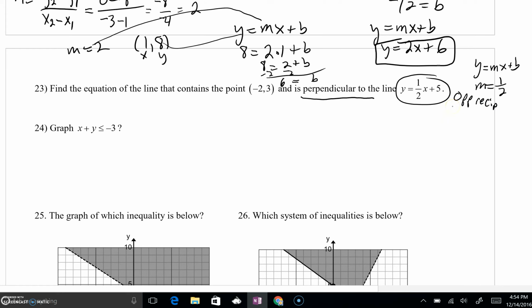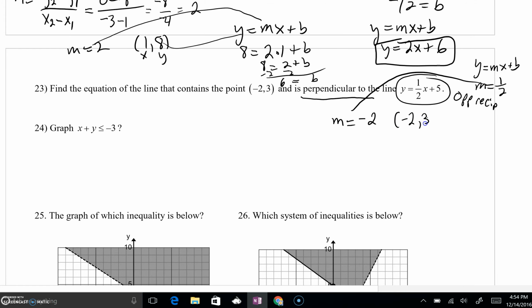So you have two lines at play when you are talking about perpendicular lines. The slope that you're actually looking for is the opposite reciprocal of 1/2. You have to change the sign to a negative. If you take the reciprocal of 1/2, you'll get 2. So negative 2 is the opposite reciprocal.